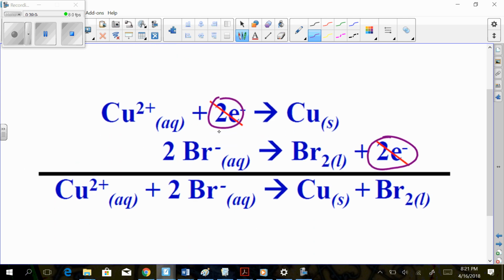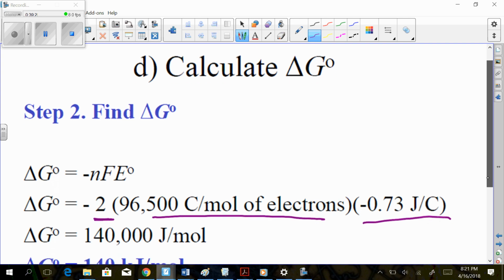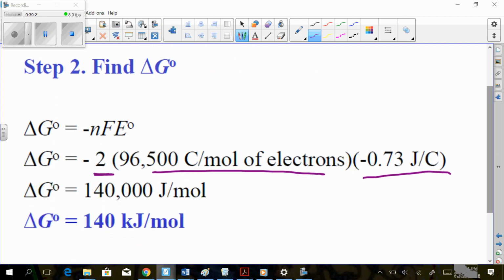We canceled out 2 electrons in that reaction, meaning that for 1 mole of reaction to occur, we have to transfer 2 moles of electrons. So going back, there's our 2 for the number of moles of electrons. When we multiply that, we get positive 140,000 joules per mole, or positive 140 kilojoules per mole.